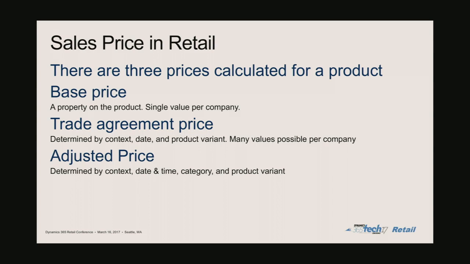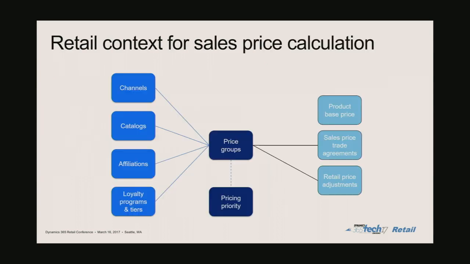These are, as I say here, determined by context and date, and context is something I want to talk about for a second. In the past, I've called this the price group slide, but for retail, when you're setting your prices, you might set prices in a specific store, in a region. You might set prices for a particular group of people, for seniors or students. You might set prices, you might set discounts.